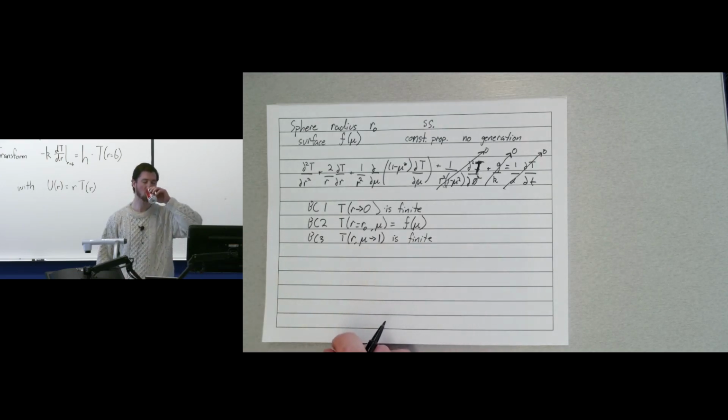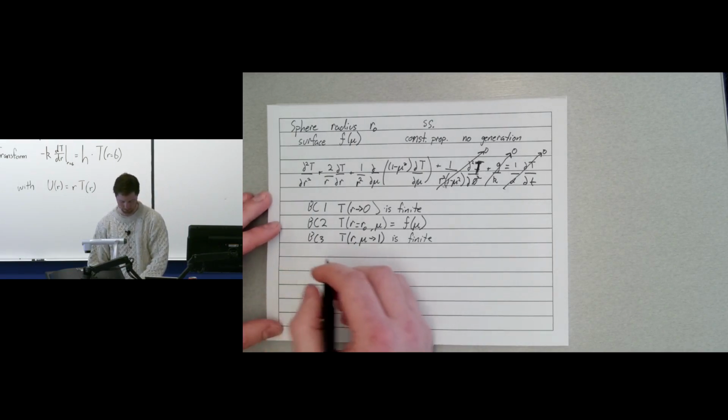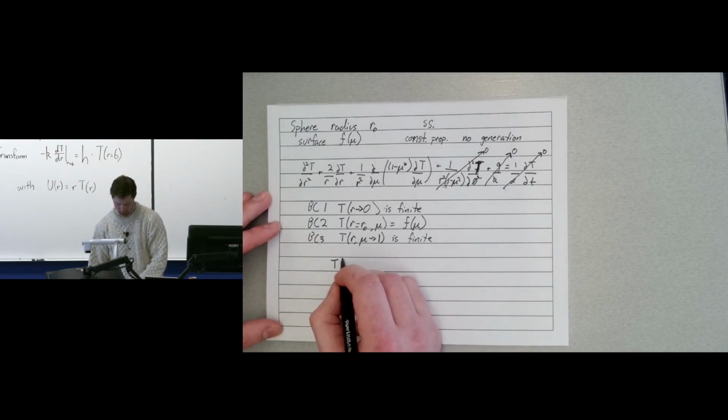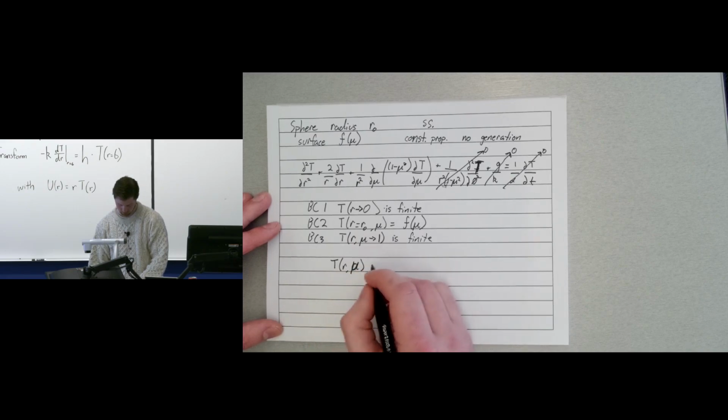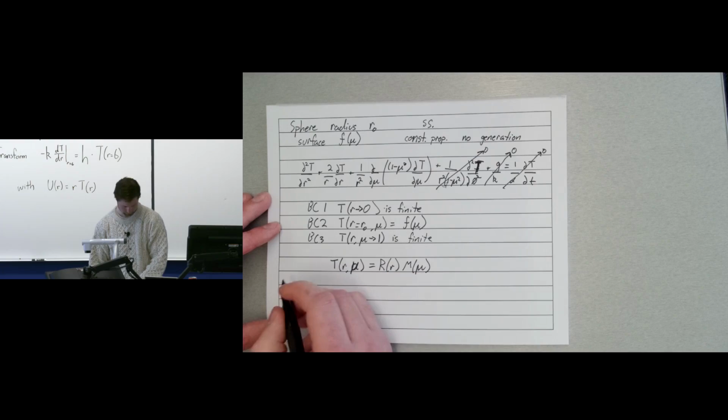Okay. Those are our boundary conditions. And so we're going to separate this problem out into a function in r and a function in mu.